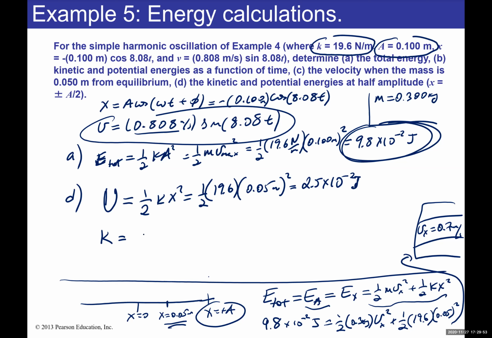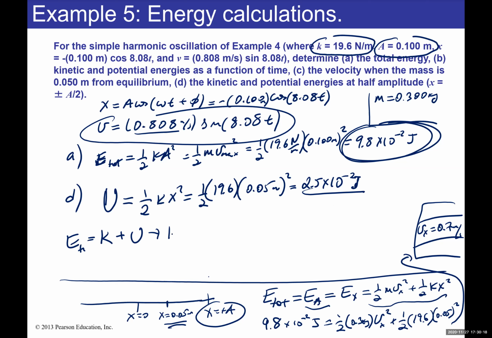For kinetic energy, I don't know how fast it is moving at that 0.05, which I can find using again the same method that I used in part C, but I can do it a little bit easier because kinetic energy plus potential energy equals the total energy. I just calculate potential energy at that amplitude, and I have the total energy.